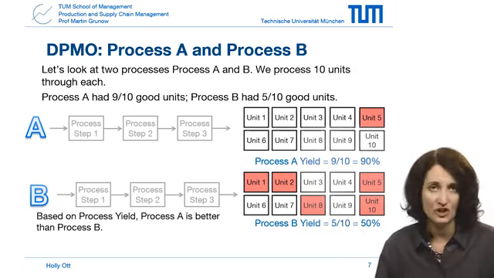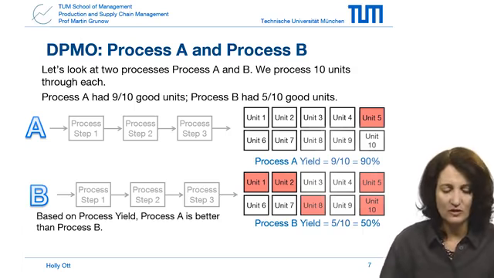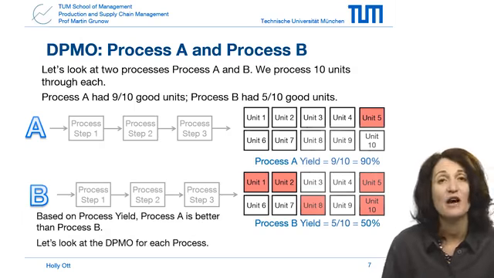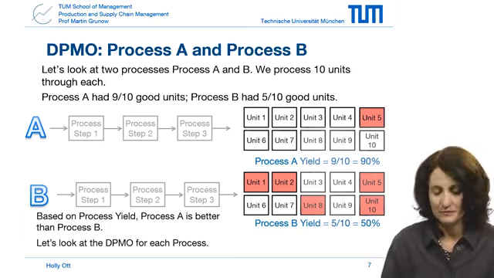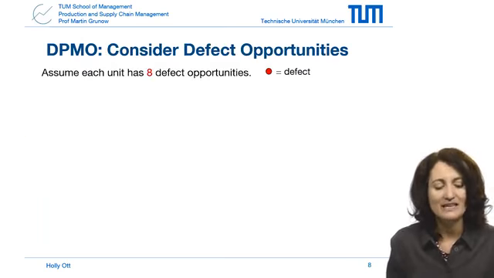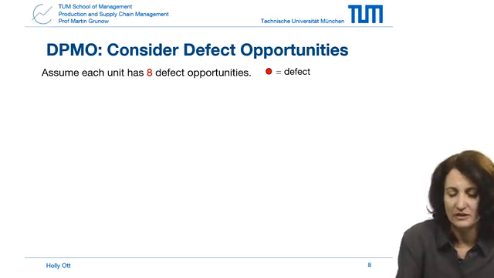Maybe they had a different machine. Maybe they used a different operator. So you're not sure, the processes should be the same. Let's look now, though, at the DPMO for each of these processes. And now we have to introduce actual defects. So each unit has 8 defect opportunities. And we indicate a defect by this little red dot here.